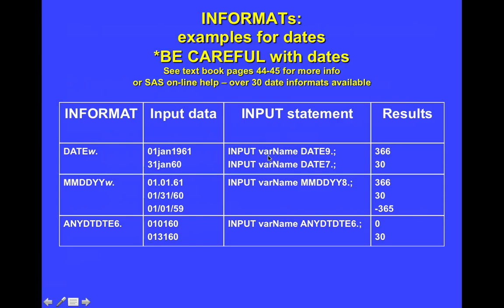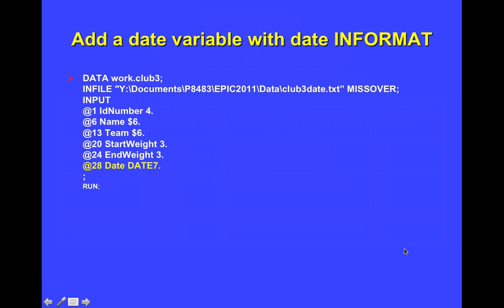And for the actual date variables, you would give your variable name and then specify the date INFORMAT. In this example, it would be DATE9. And if SAS read in a date of January 1st, 1961, it would put a value into your SAS data set of 366 because there are 366 days between the 1st of January 1961 and the 1st of January 1960. And you can see this applied in different examples on this particular slide.